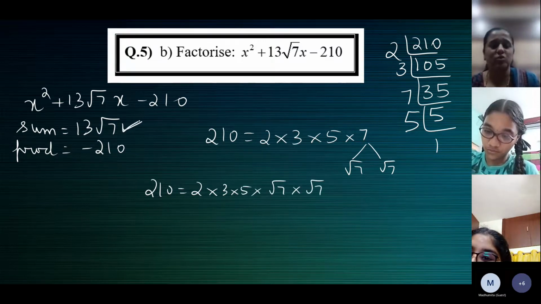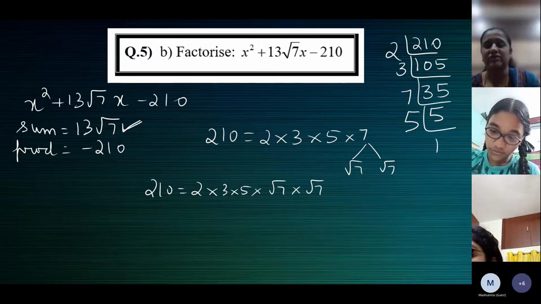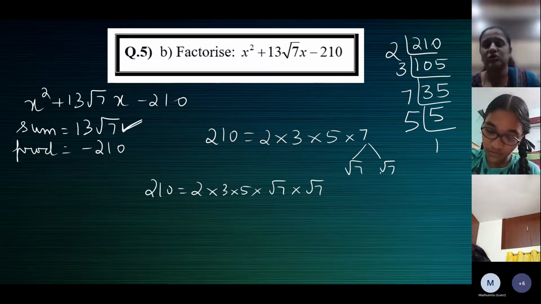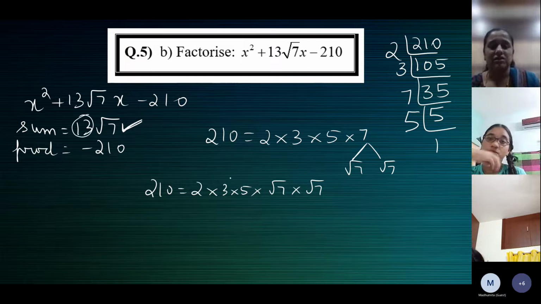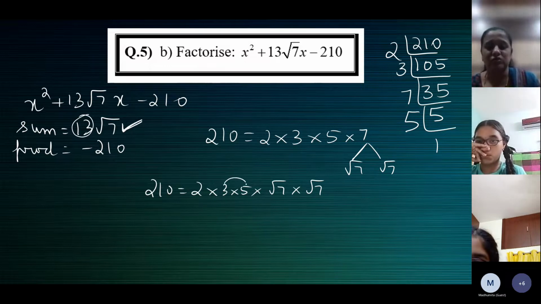Supposing the sum had a root 5, then we need to write 5 as root 5 into root 5. But since the sum has a root 7 in it, you need to write 7 as root 7 into root 7, because you know root 7 into root 7 is 7. Now we need to get the sum as 13. So let's group these two. This will give you 15 and this is 2.